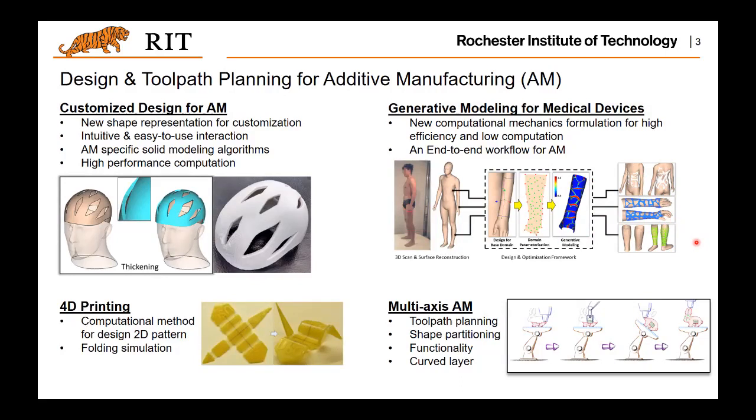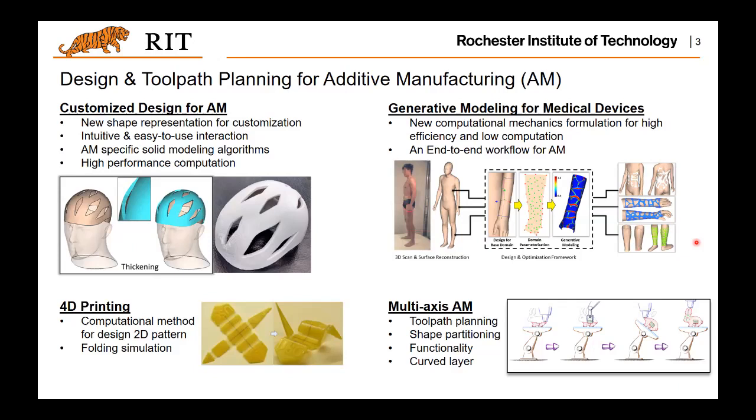Another application for generative modeling is engineering, specifically aerospace and airplane parts. In those parts, a critical requirement is how to reduce the weight. The weight is so critical. It will save the amount of fuel used, and also essentially the cost.